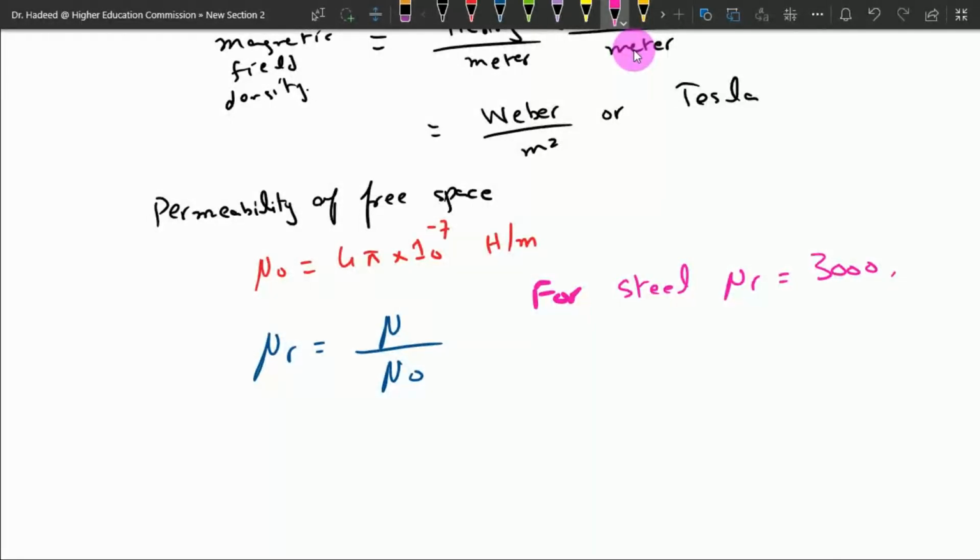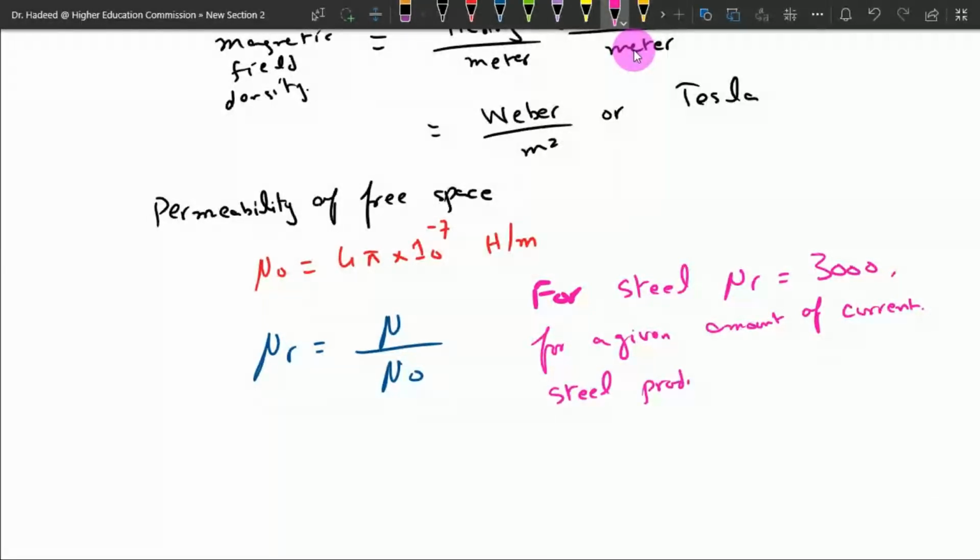This 3000 should ring a bell in your mind that for a given amount of current, this steel with a relative permeability of 3000 will produce 3000 times more flux.